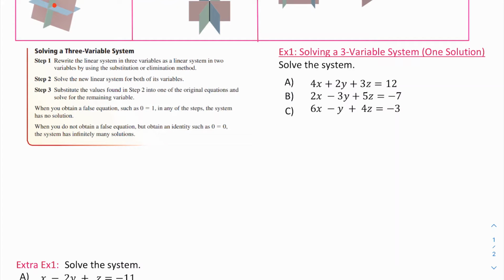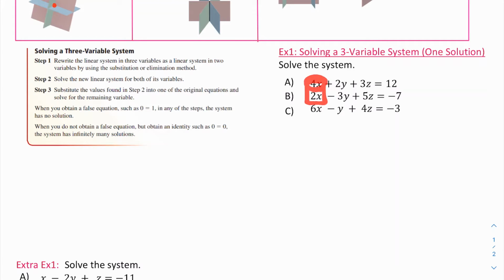So what we're going to do is try to get rid of either x or y or z, but we have to do it twice with two different pairs of equations. So just to make it easier for all of us, I'm going to go ahead and get rid of variable x. So first I'm going to use these two equations.